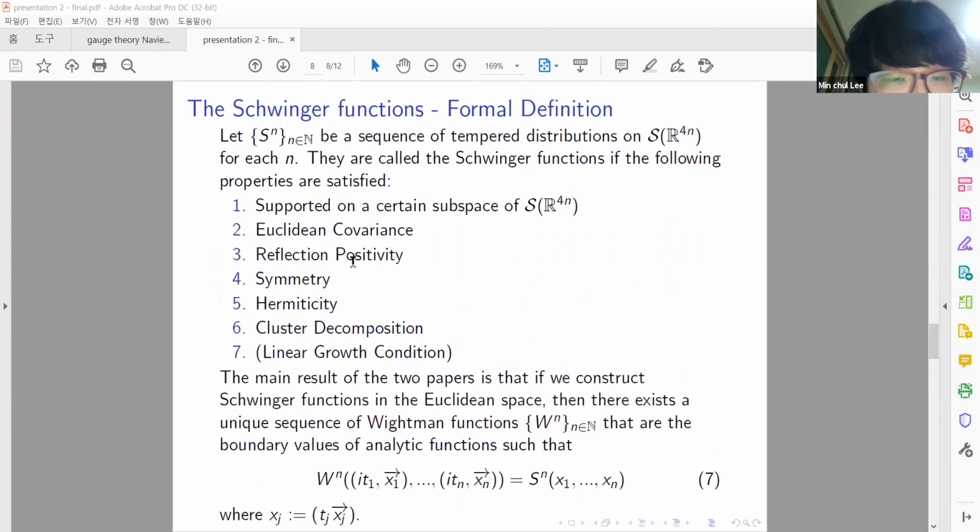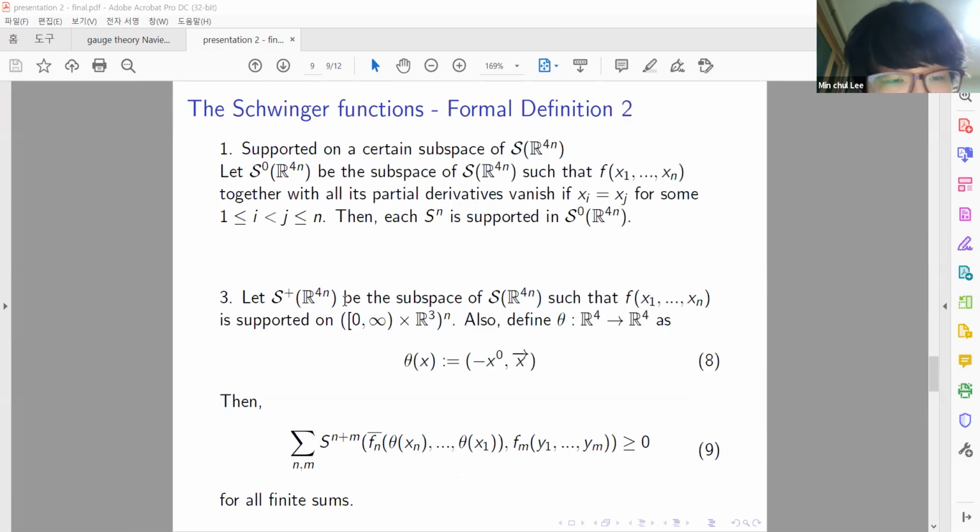the reflection positivity. It is one of the key properties of the Schwinger functions. Let us define another subspace of the Schwartz space as a subspace that is supported in the non-negative time component. Also define the time reflection as theta.